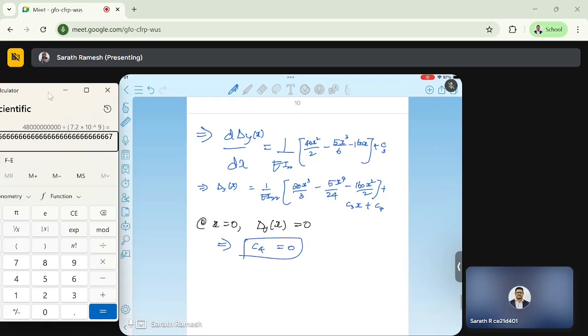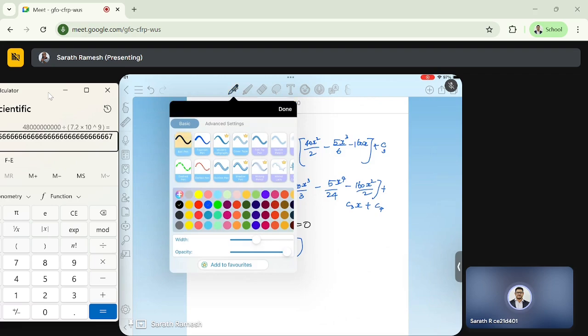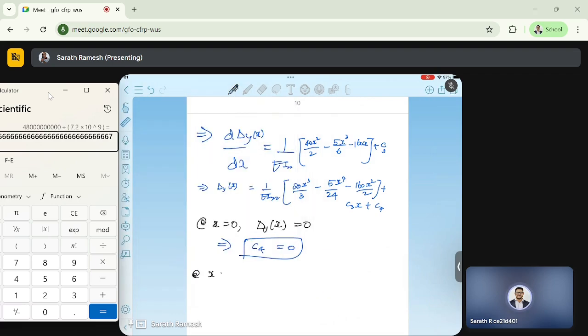And what is the other condition? At x equal to 0, again the slope is 0, d delta y by dx of x is 0. This implies C3 also will become 0.